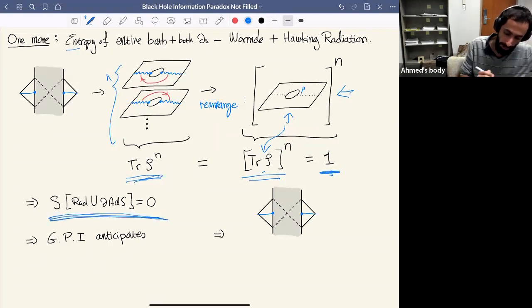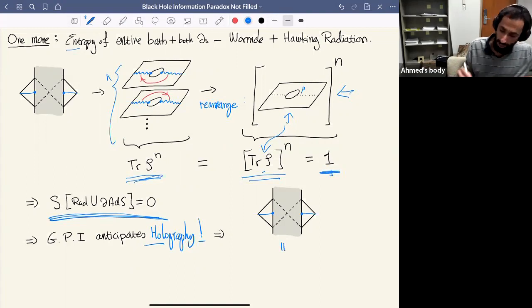So you find that gravity tells you that the entropy of this region is actually 0. And so gravity amazingly anticipates holography. As I like to say, gravity knew about holography before Huang.